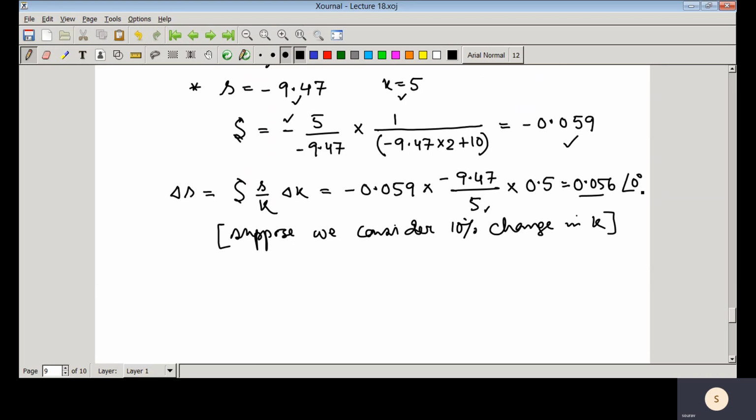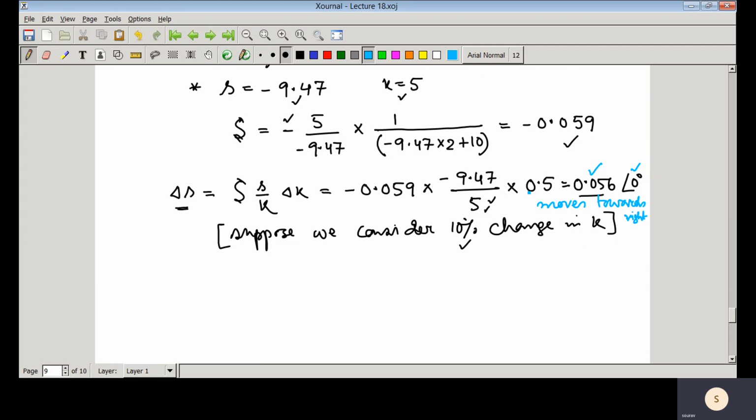That means whenever your K is 5, and you consider a 10% variation in 5, the closed loop pole will be shifted along the x-axis, so it moves towards the right at 0 degree. Because this is scalar, we can consider this scalar into 0 degree angle.